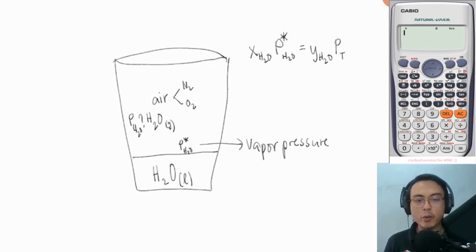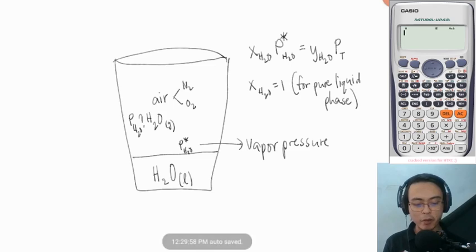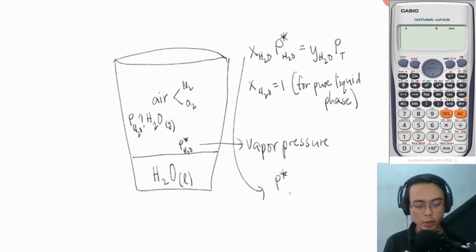Now, if my liquid phase is pure water, that means that my X H2O is equal to 1. This is for pure liquid phase. If X is equal to 1, then that drastically simplifies our equation. This becomes the vapor pressure of water is equal to the mole fraction of water in the vapor phase multiplied by the total pressure.